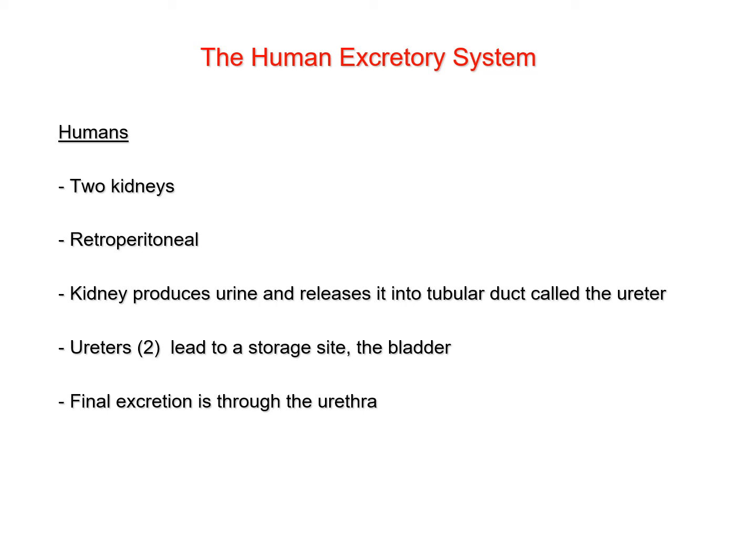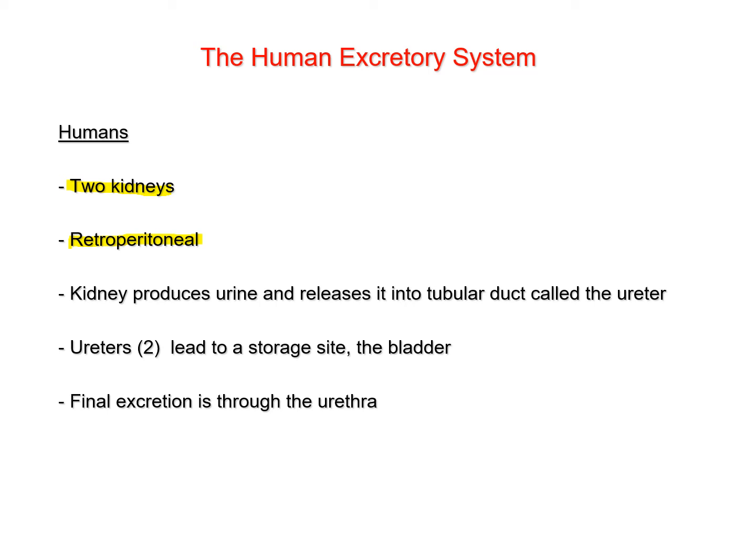There are, in humans, 2 kidneys. These are found in a position in the body called retroperitoneal. They are not in the peritoneal cavity, they are behind it. Now remember, the peritoneal cavity, like other cavities in the body, is surrounded by membrane.